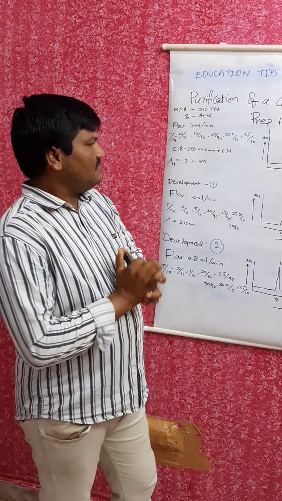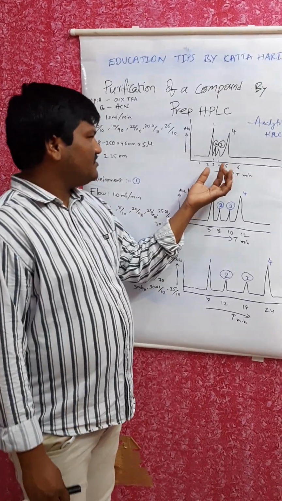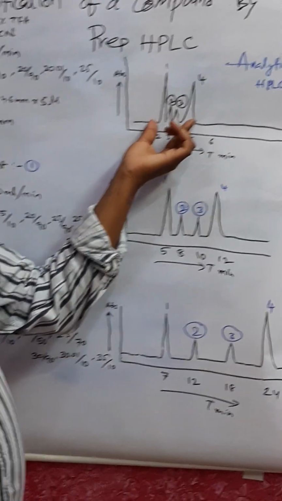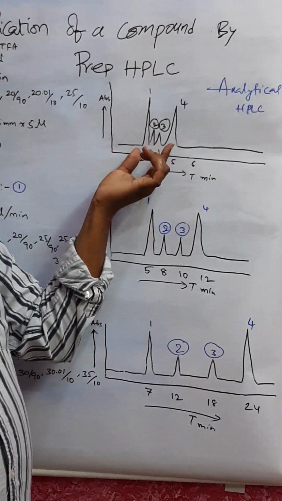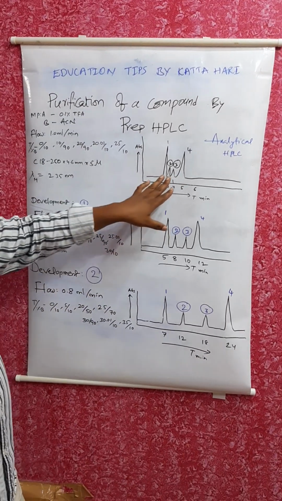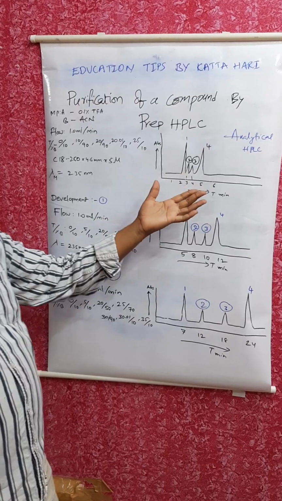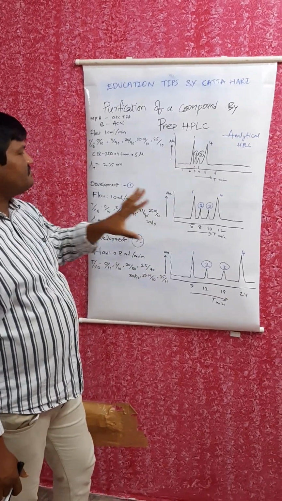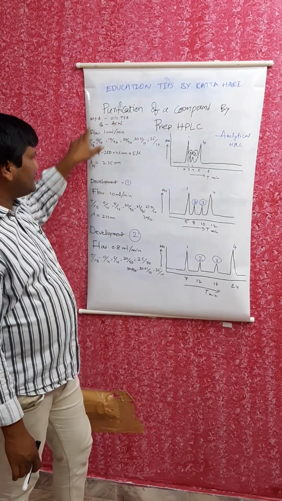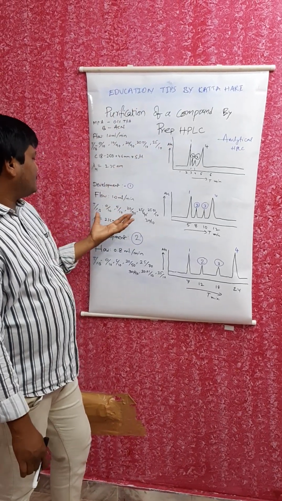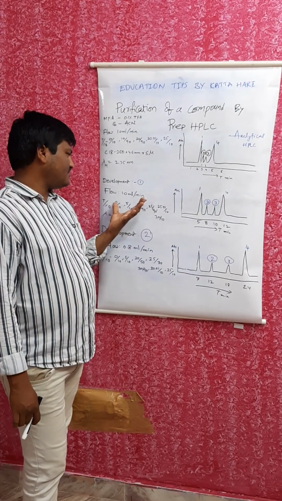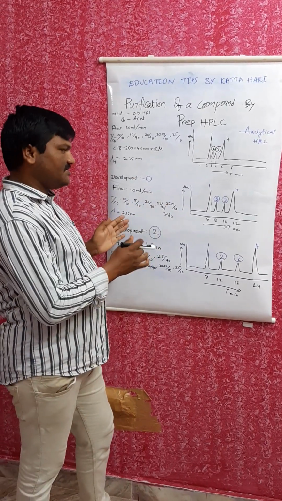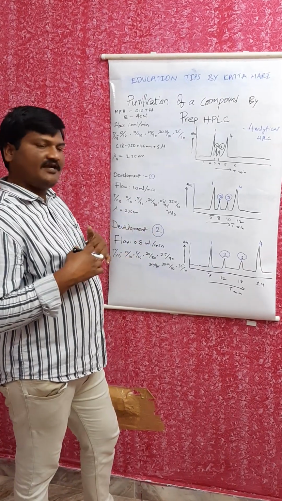If we see the chromatogram, these two peaks are very close to each other and lie between the two major peaks. For these four peaks we have to develop a method for better separation. Based on this basic data, we have to change the gradient or flow rate, and if they are not separated in these steps, we have to go for another buffer.